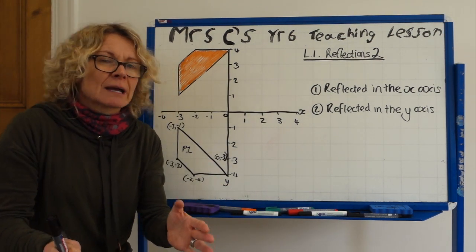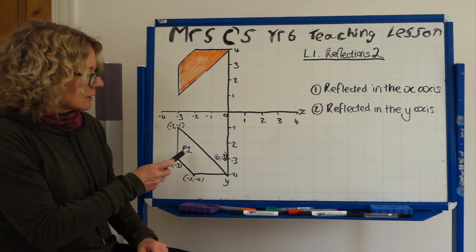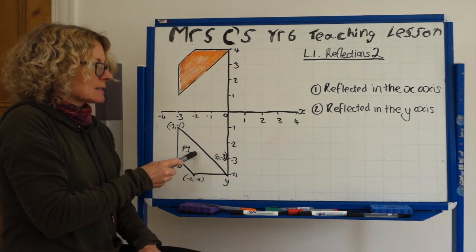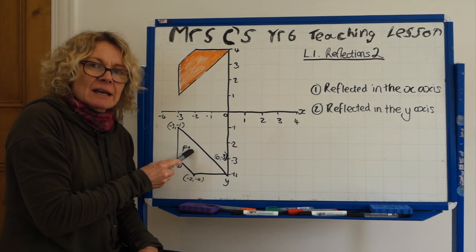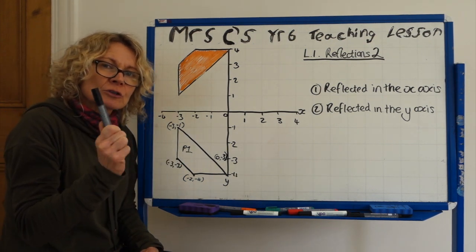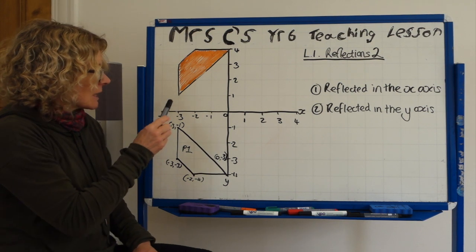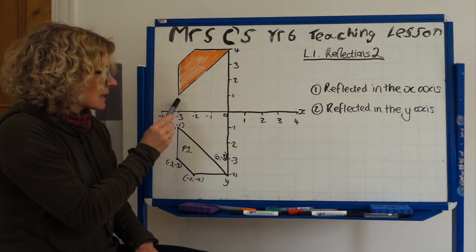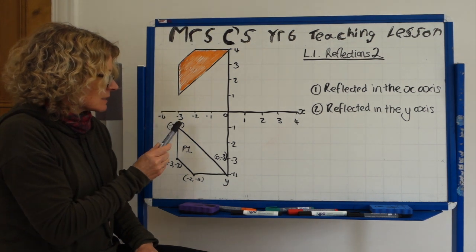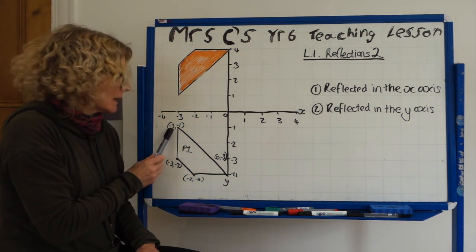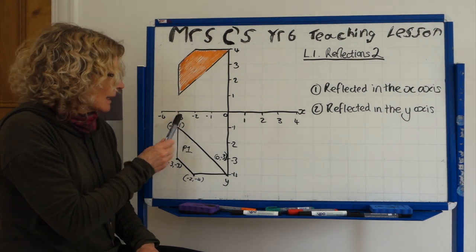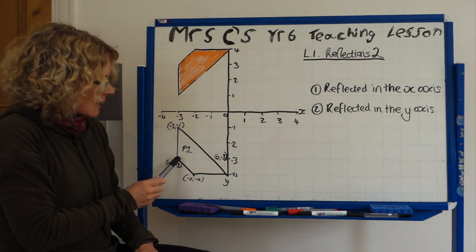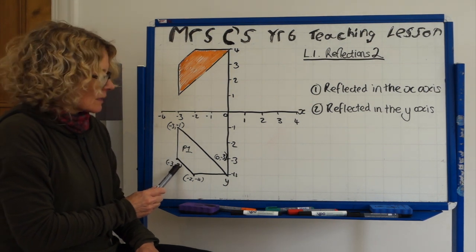How did you do? How did your reflection look? This is position 1. This is that orange trapezium reflected in the x-axis. Let's go through the coordinates that you should have written down. As you can see, this point here is 1 away from the x-axis, so it's the same distance here, and the coordinates are minus 3, minus 1. Then you've got this going in a vertical line, 2 down, minus 3, minus 3.